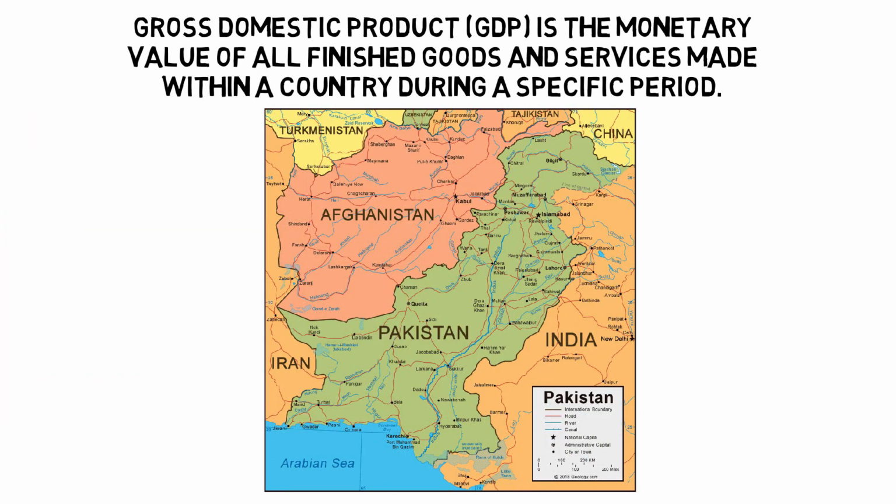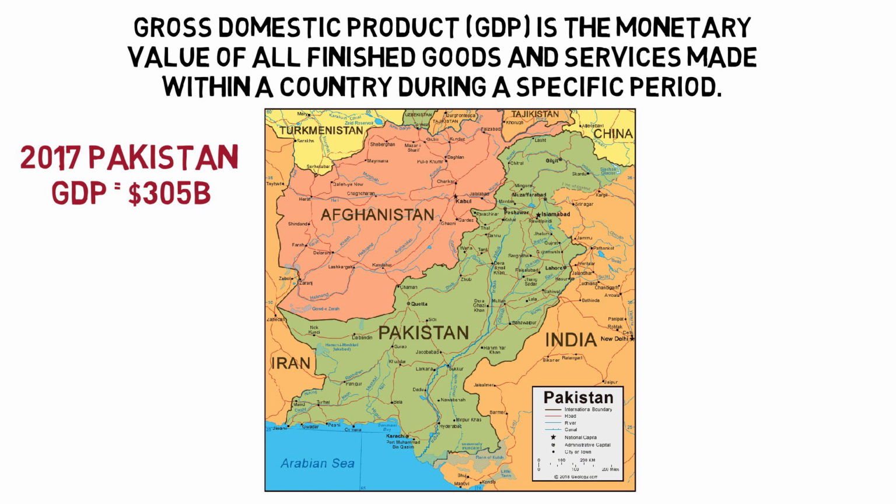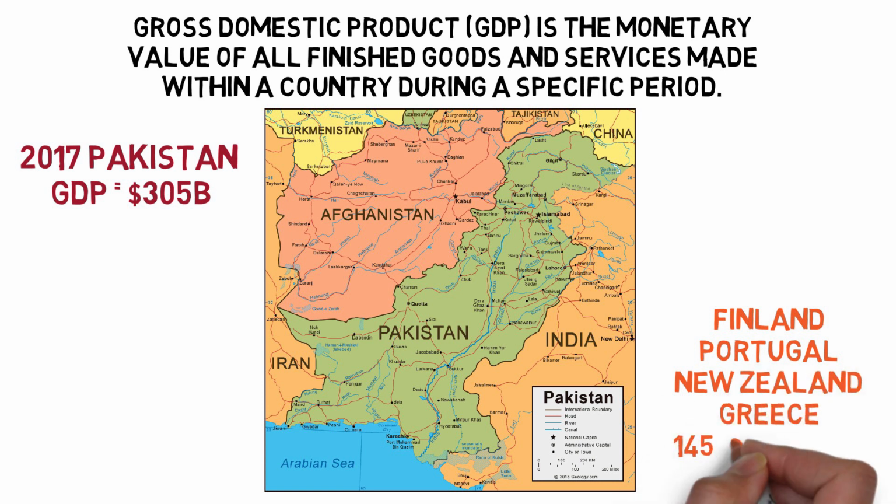Pakistan's entire gross domestic product for 2017 was $305 billion. Next year, Apple may make as much money as all of Pakistan did in 2017. That's well above Finland, Portugal, New Zealand, Greece, or the other 145 other countries Apple's revenue is expected to beat.